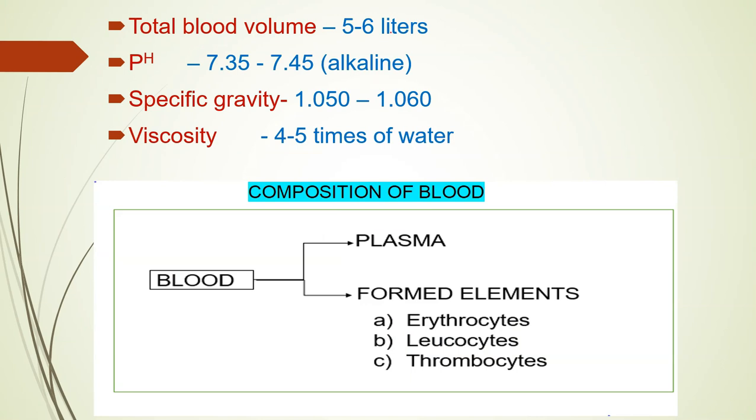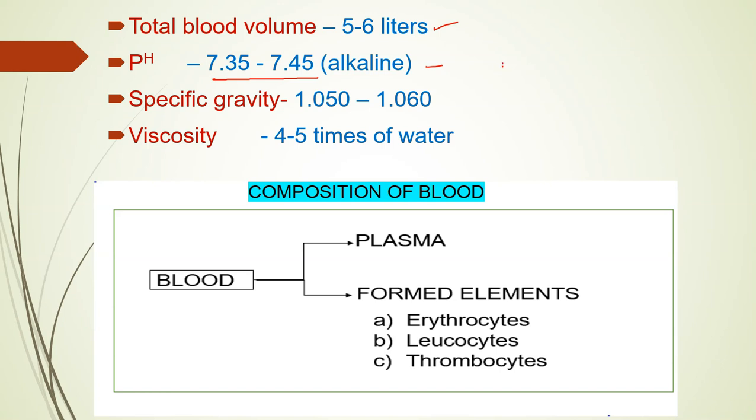These are some of the statistics of blood. The total volume of blood is about 5 to 6 liters. The pH is strictly maintained between 7.35 to 7.45, and is slightly alkaline in nature.